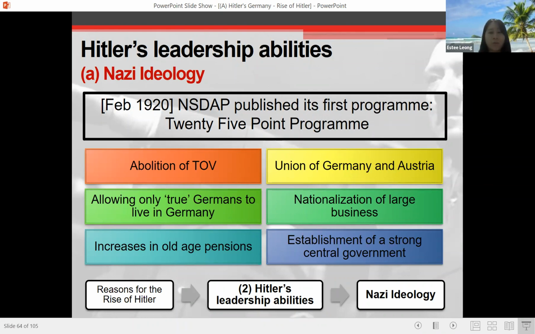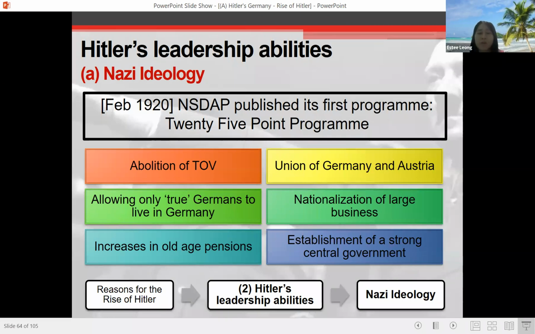If you look at all of these policies, the abolition of the Treaty of Versailles, the union of Germany and Austria, allowing only true Germans to live in Germany, increases in old age pensions, referring to the retirement sum to be paid out to those Germans who have retired, something like CPF, right?